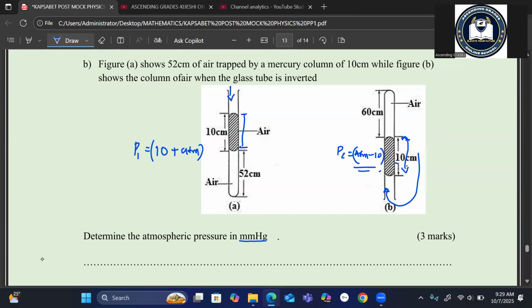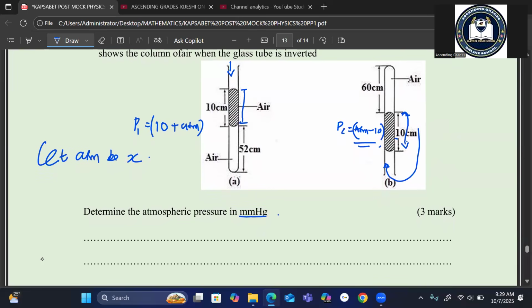Now, since we want to solve, we can let ATM be X. So my P1 will be 10 plus X, and my P2 will be X minus 10.